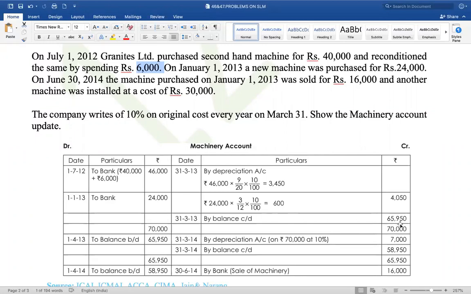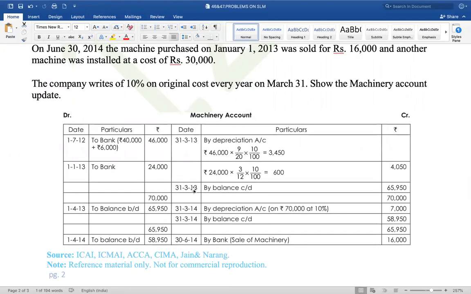What is this balance carried down? This is the closing balance of the last accounting period. The closing balance of the machinery is 65,950 for the last year, that is 2013. What was closing last year, 31st March 2013, will become opening for the next accounting year.